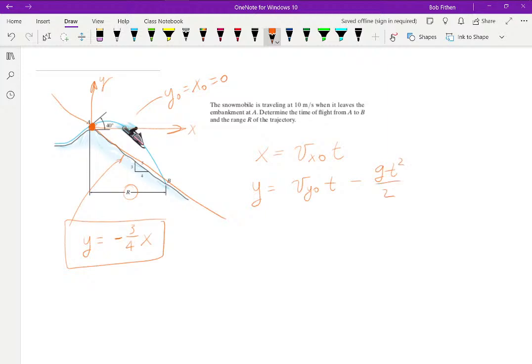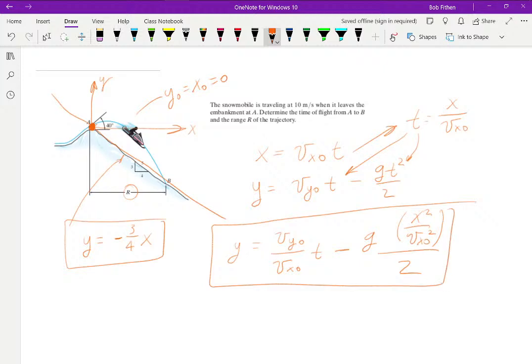Already I realize that this can be written and injected back in here to take a parametric equation and get rid of the parameters: Vy naught over Vx naught x minus g x squared over Vx naught squared over 2.